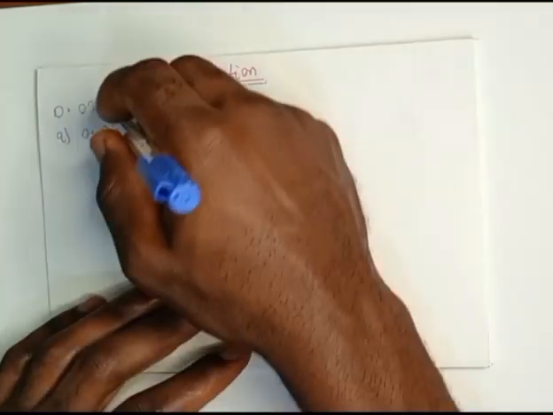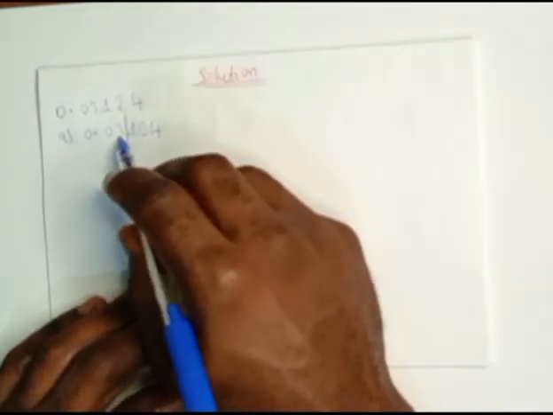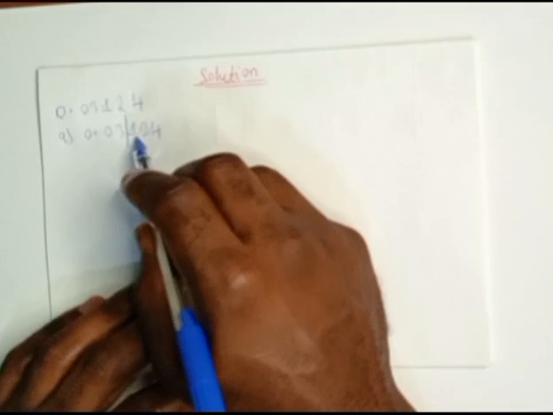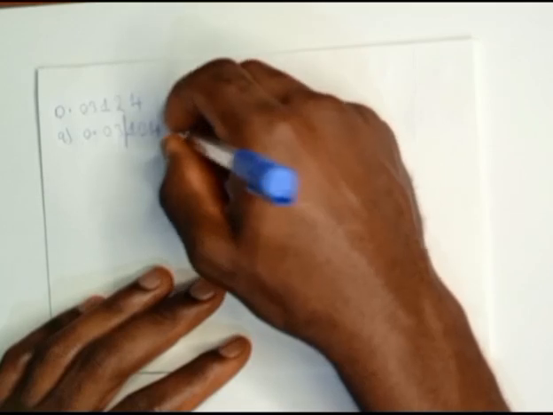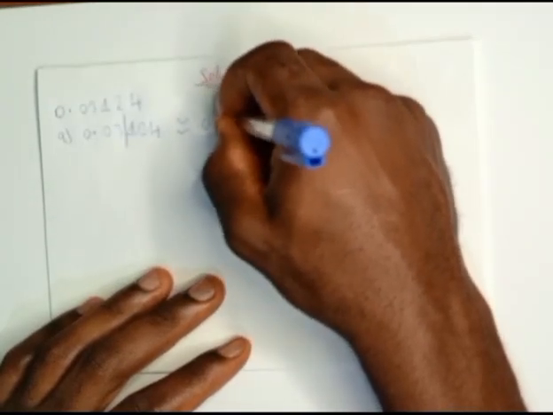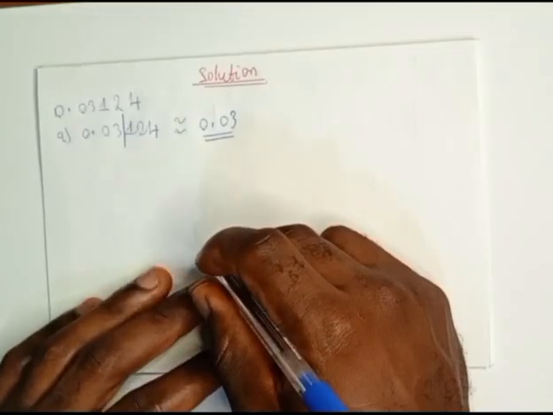We have to round off between 3 and 1. 1 is less than 5. It is rounded down to 0. And this will be approximately 0.03 to 2 decimal places.